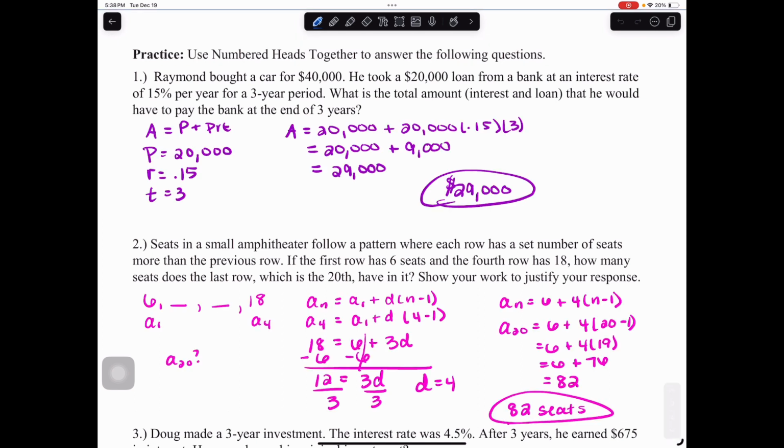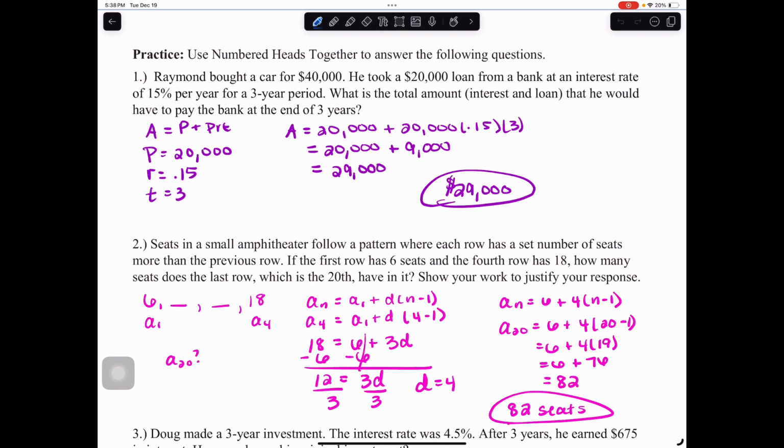Number 1, Raymond bought a car for $40,000, which is great information to have, but irrelevant to us for this problem. What we want is he took a $20,000 loan. The interest rate is 15%, and it's a 3-year period. So P equals 20,000. The rate, not 15, you want to change it to a decimal, 0.15, and time T is 3.